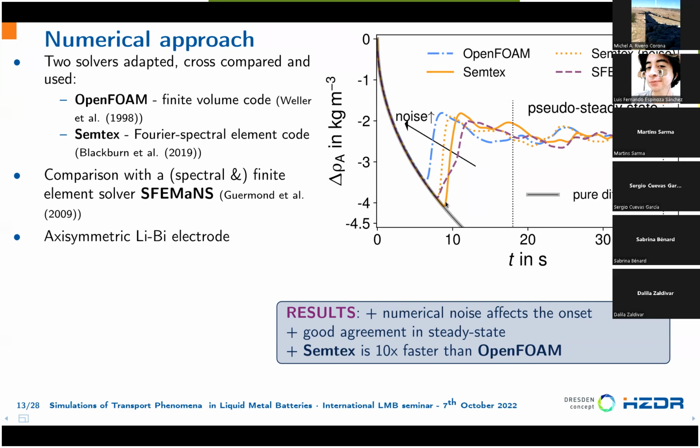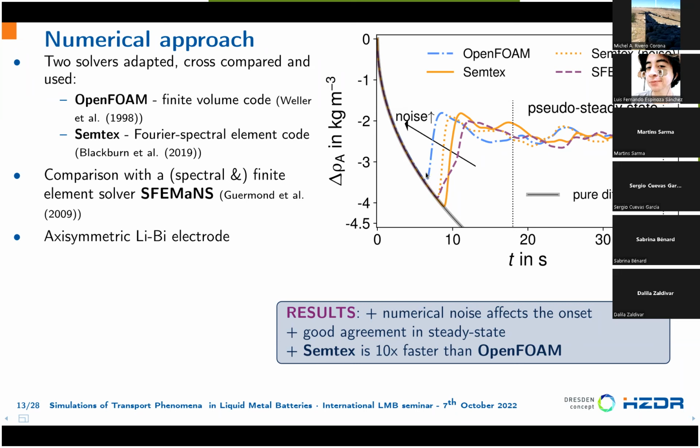At the beginning, we have the diffusion as discussed. So we have first a diffusion transient, and then convection sets in, and there is a deviation from the diffusion. And what we observe is that the four different solvers have different onset times. And the different onset times can be explained by the different amount of noise generated during the solution.